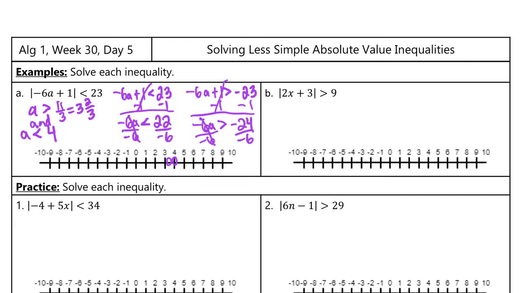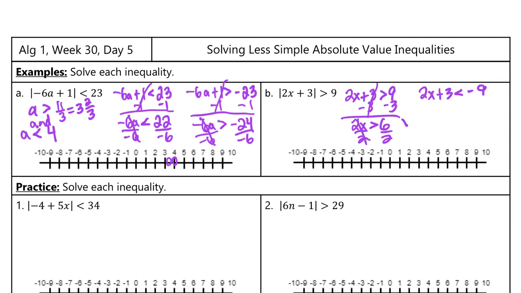How about on B? 2x plus 3 is greater than 9, so I'm going to write it down one time, exactly the same, but without absolute value bars, and then another time, like so. Minus 3, minus 3. Divide by 2.